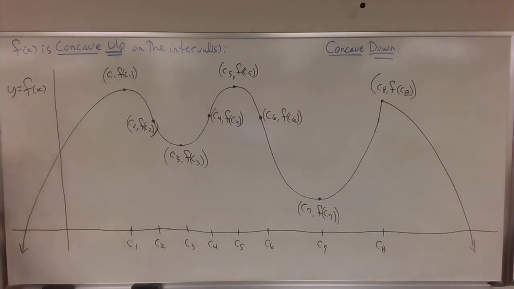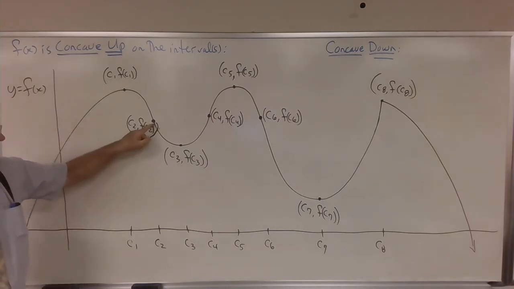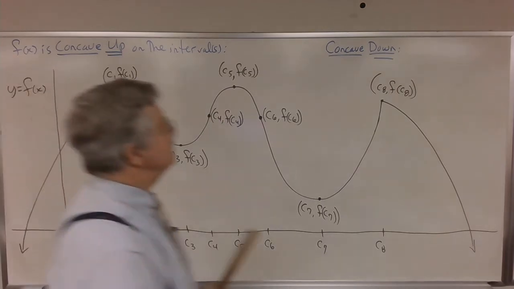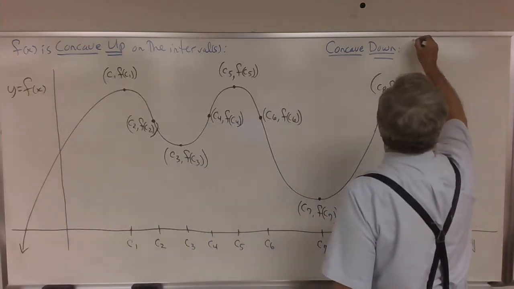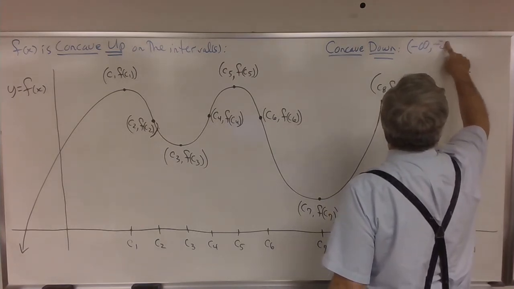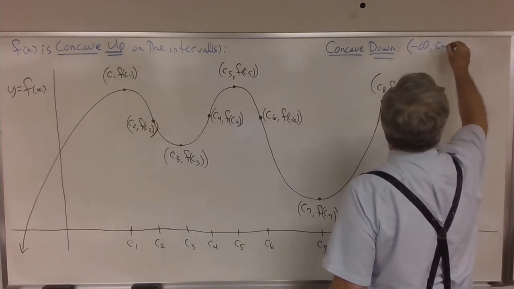So I think the graph is concave down on the x-axis from negative infinity to this point, C2. So for concave down, I'm going to put negative infinity, C2.